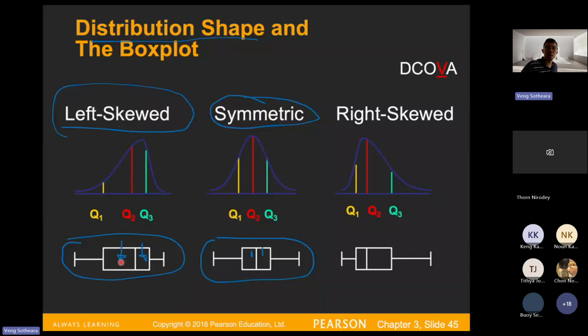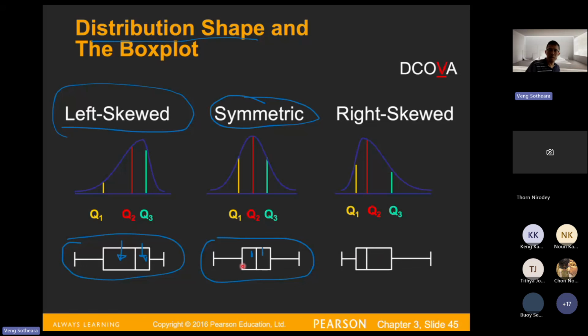And sometimes we can also use a box plot to inform about the shape. So this is the case when our data set is right skew, meaning the room on the right is larger, which means more concentrated on the left.